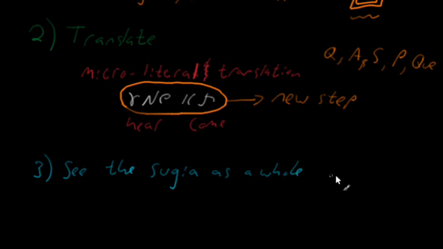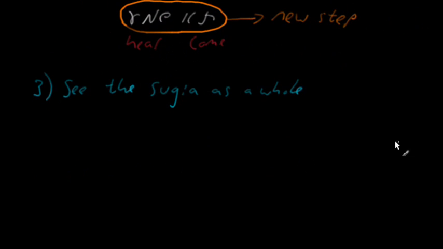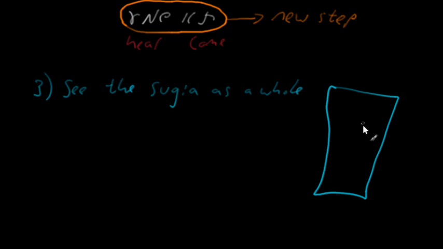So this means that if you have a Gemara like this, I have my question, I have my answer, I have my statement, I have a source, and then I have another question and another answer.